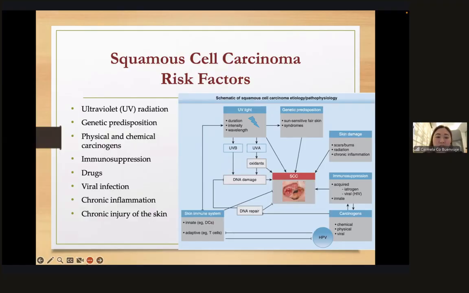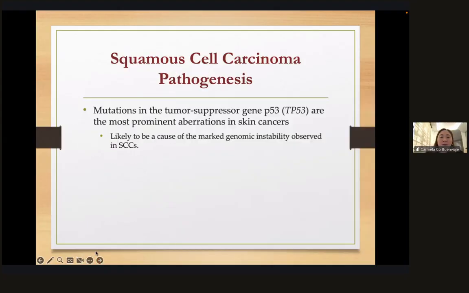And these are all risk factors for SCC development. So for the pathogenesis, mutations in the tumor suppressor gene P53 or TP53 are the most prominent aberrations in skin cancers in SCC. These are likely to be the cause of the marked genomic instability observed in SCCs.